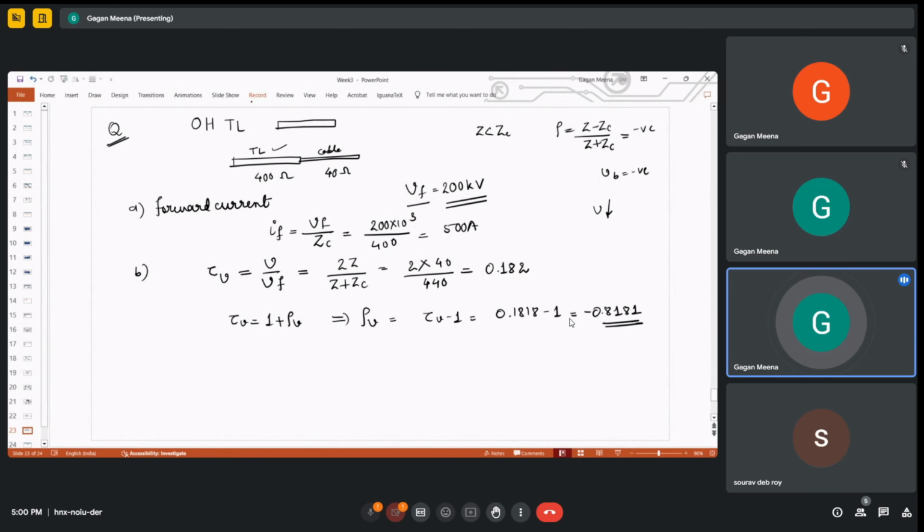Okay. Similarly, we can also find the transmission coefficient for current, which is equal to I divided by IF. This will be 2ZC divided by Z plus ZC. This is 2 into ZC, which is 400, divided by Z plus ZC, which is 440.